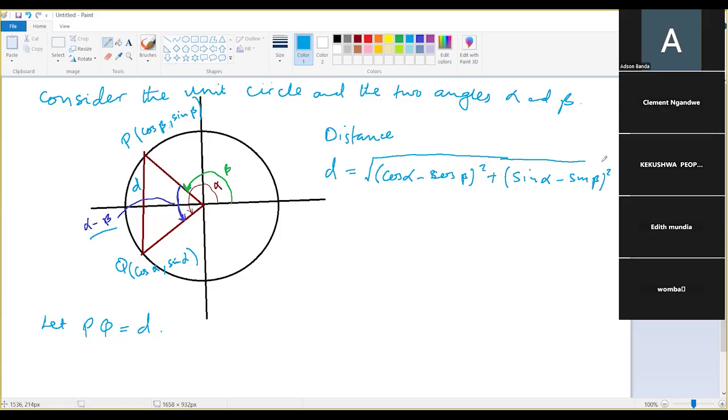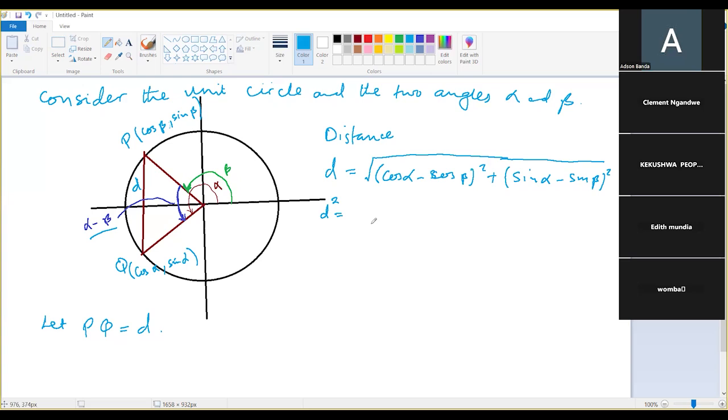So this is the distance formula that you have used before, and you now just need to expand and simplify what you have. But let's square both sides first.